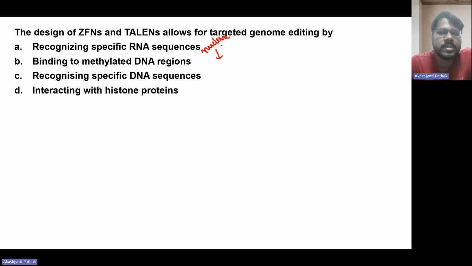So there are two possibilities. Even if you do not know, if you know the term, nuclease means they will either degrade DNA or delete a portion of RNA or DNA.